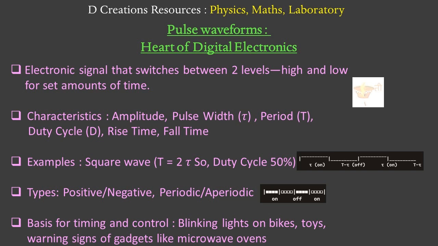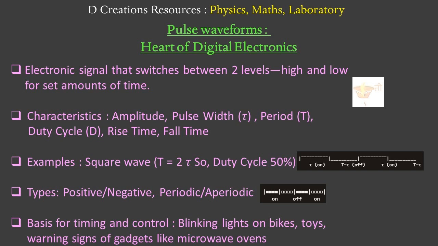So they are non-repeating, and for example, in keypad inputs, you may require them. Now, periodic pulses or periodic pulse trains are the basis for digital clocks, right? Aperiodic pulses will correspond to triggers in measurement and control.